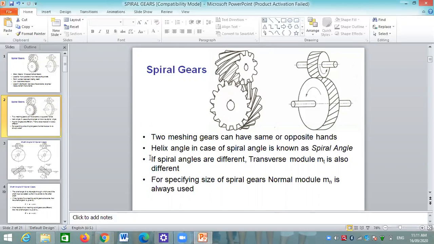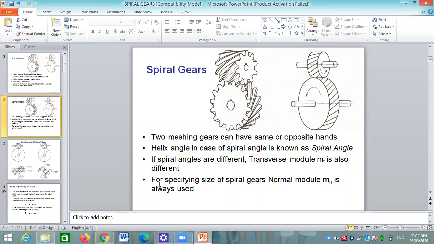As I said, in a helical gear there is a helix angle, and here the term spiral angle is used. If the spiral angles are different, the transverse module MT is also different.